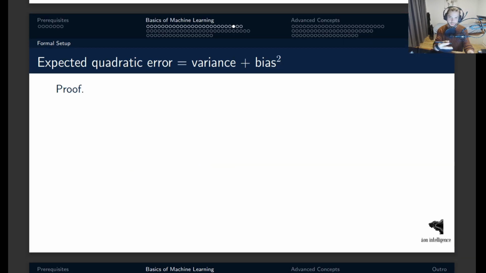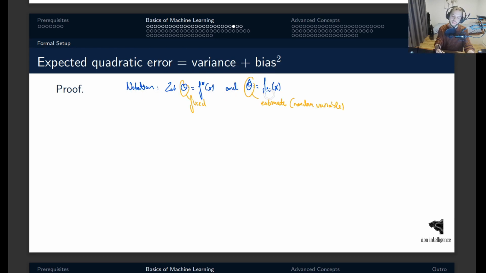Now I want to convince you that this decomposition is actually true, so that if we talk about an expected quadratic error, this decomposes into a variance and a bias squared term. So for this proof, let's introduce the following notation. The ideal prediction we will call theta, and the prediction made by the prediction model that we found by running our algorithms in the context of empirical risk minimization, this is a random variable and our estimate of this quantity.